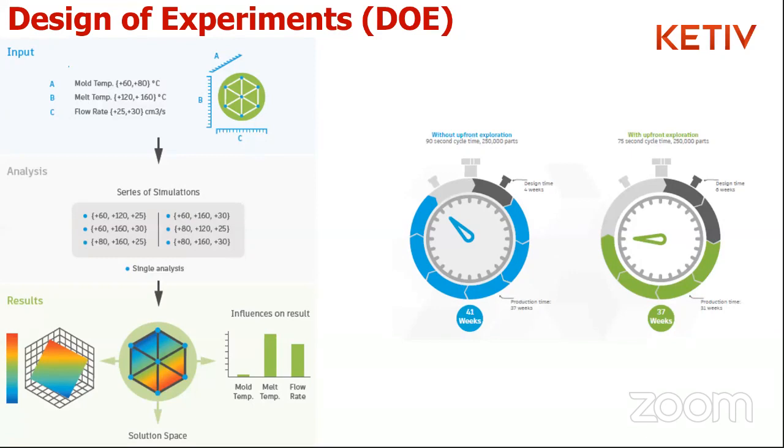Now, the image on the right tells you what the difference is between the two approaches, right? One being with upfront simulation and the other being without upfront simulation. If you're not exploring your design and understanding all the different possibilities, whether that's the process design, the part design, the mold design, or even the material, if you're characterizing your own, then sure, your R&D and design phases are probably going to be shorter.